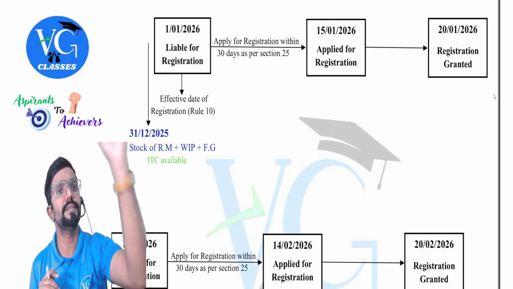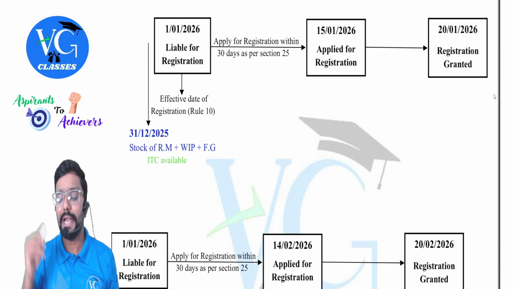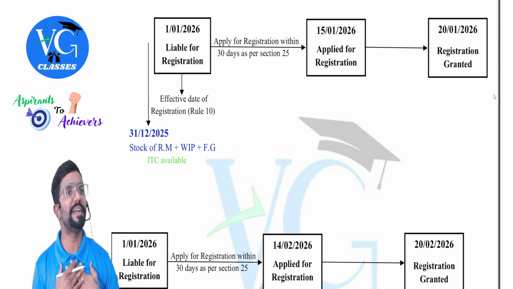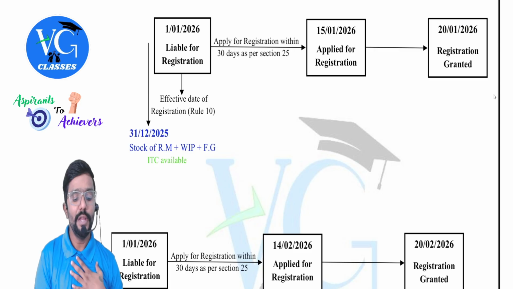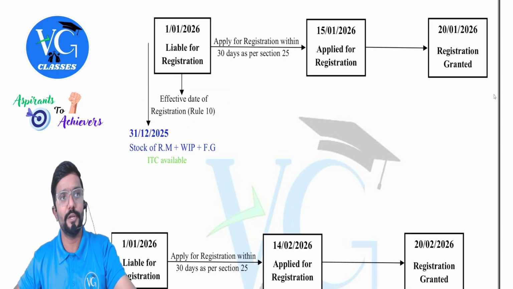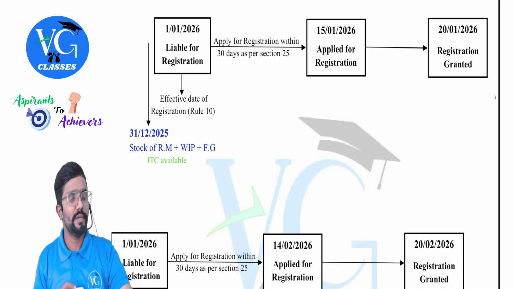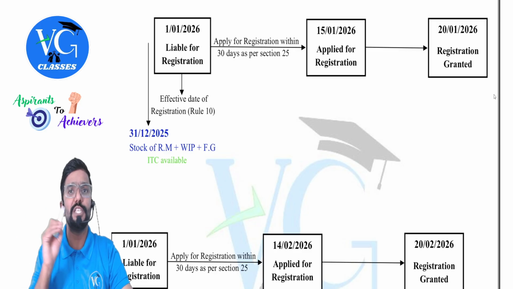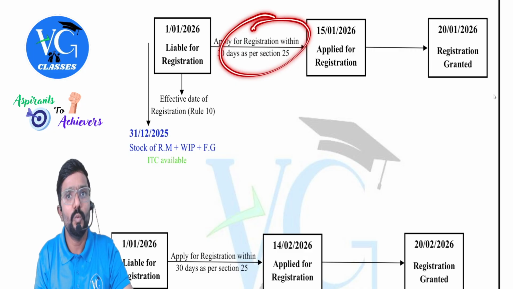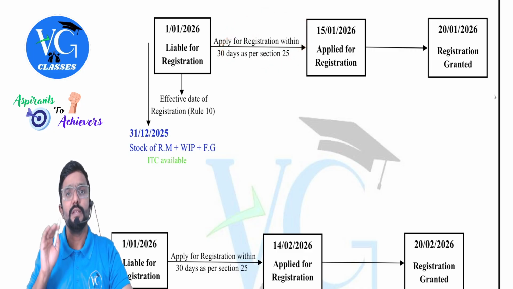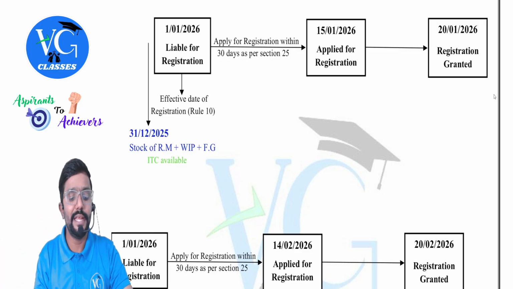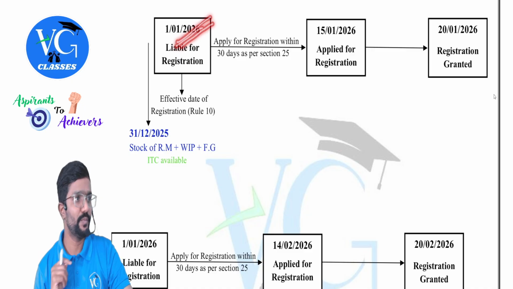Is it within 30 days? Yes. Now they granted me registration. Who? Department. They granted me registration on 20th January. Now in rule 10 they are telling, please observe, even rule 10 is a part of the registration chapter. Rule 10 is telling, if a person who is liable to be registered has applied for registration within 30 days, then the effective date of registration will be the date on which he was liable.